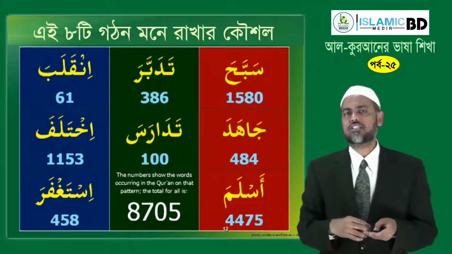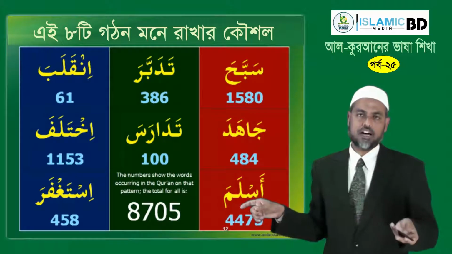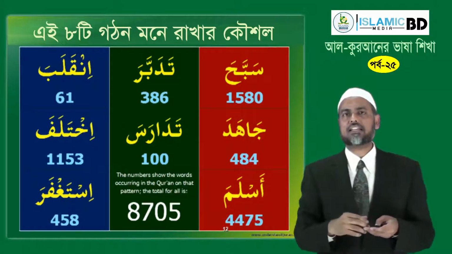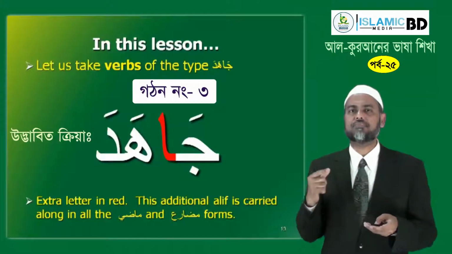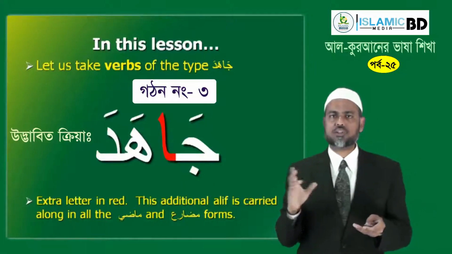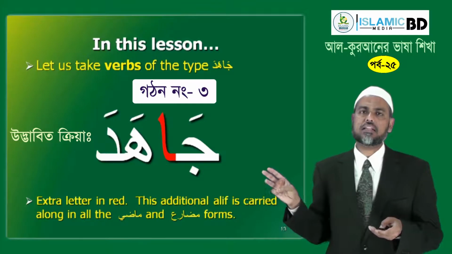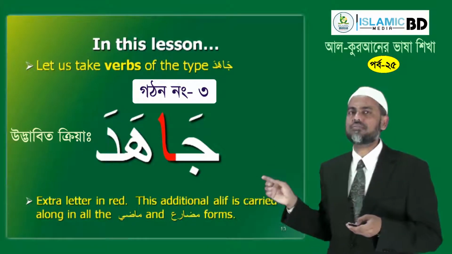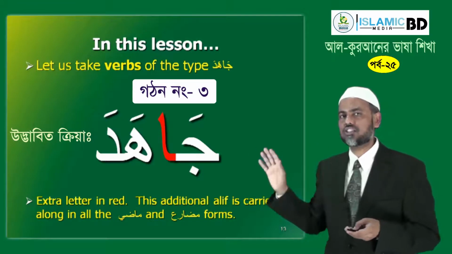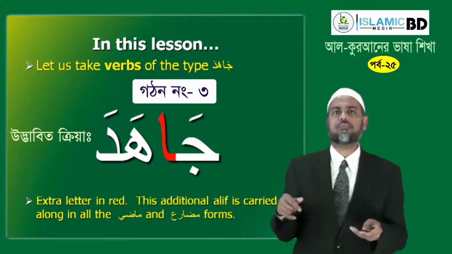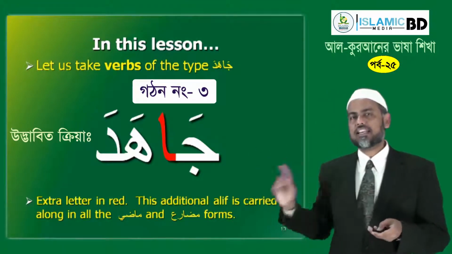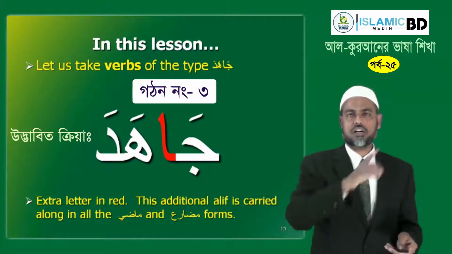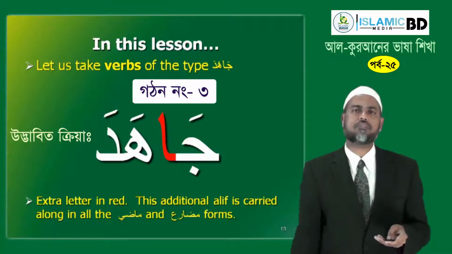We already learned sabbaha type in the last lesson. Now we will take the second type, which is jahada. And notice here the root letters are jim, ha, and dal. The extra alif is there after the first letter, that is in red. Jahada. And this extra alif is carried on in all madi and mudari and amr and nahi and everything.